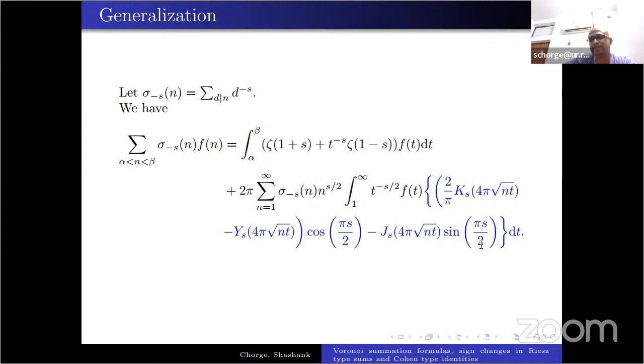A lot of times, estimating the error bounds in the summation of arithmetic functions is a very famous problem. We can take any arithmetic function, whether it's Liouville lambda, Mobius, or the square of the divisor function or anything. Mathematicians are generally interested in bounding the error terms. So why can't we just generalize these formulas for other arithmetic functions and see if that is possible?